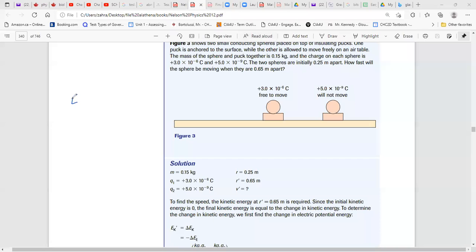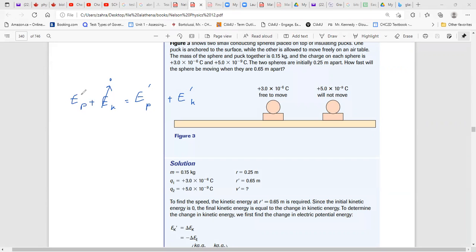Basically, E potential plus EK before, so EK is 0, but there is a potential, is equal to E potential prime plus EK. Just one of the spheres has kinetic energy. It's going to be half mv².